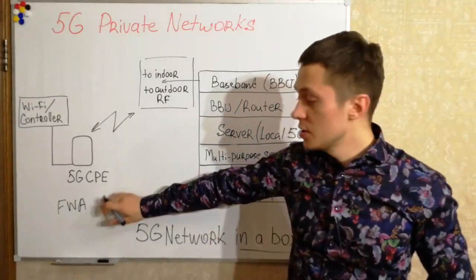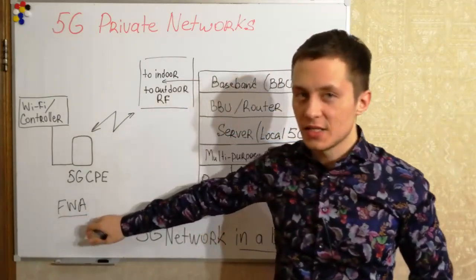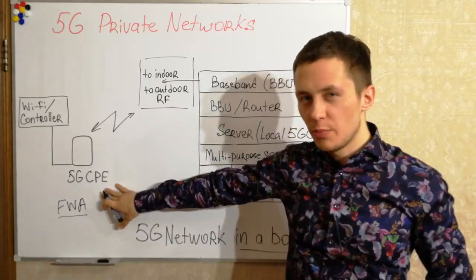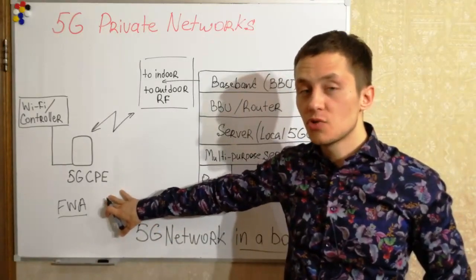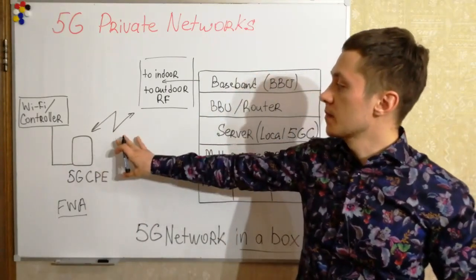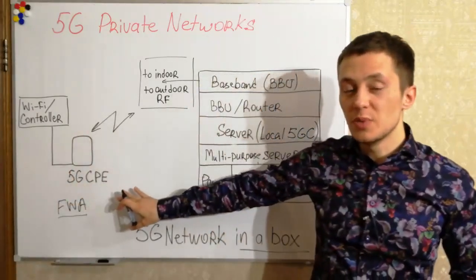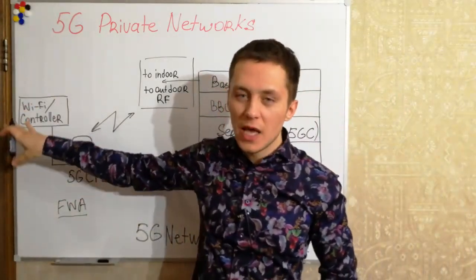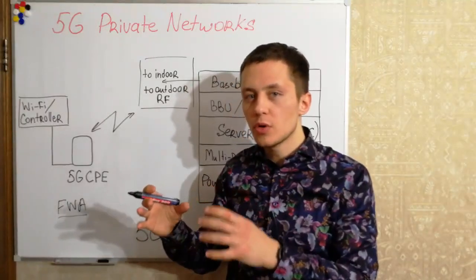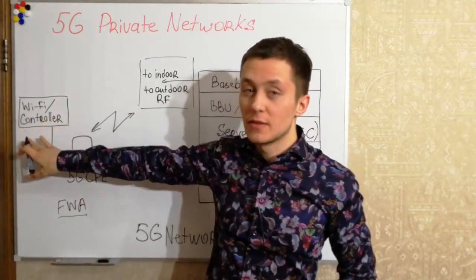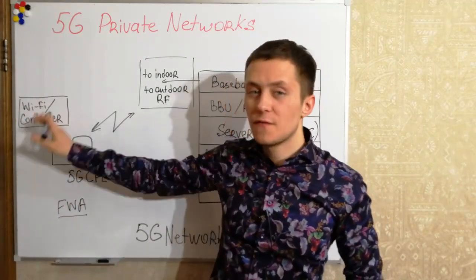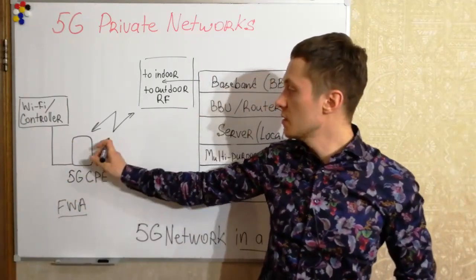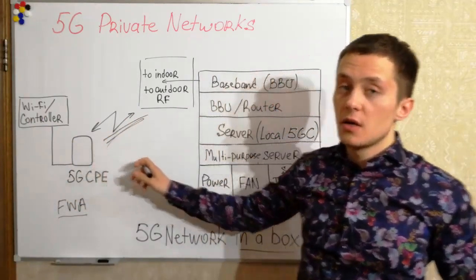Another case is when we can use fixed wireless access for private networks as well. Here we can see 5G customer premises equipment. This is an industrial CPE. And this industrial 5G CPE can be a gateway for some local private network, a very small private network with a limited area, for Wi-Fi, for a controller, for other proprietary networks, just providing the connectivity over the air.